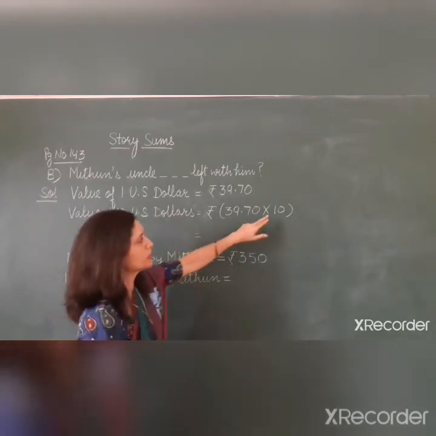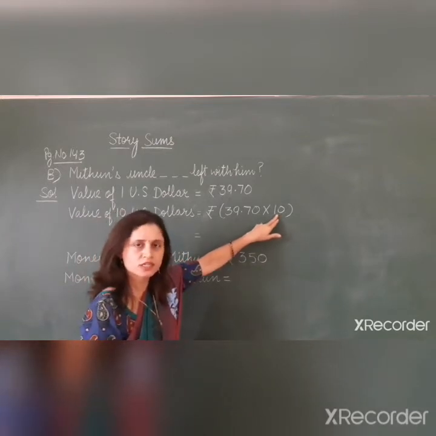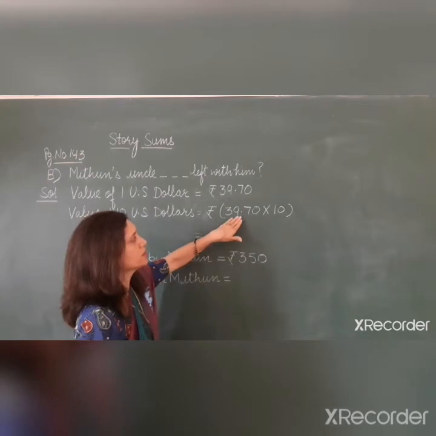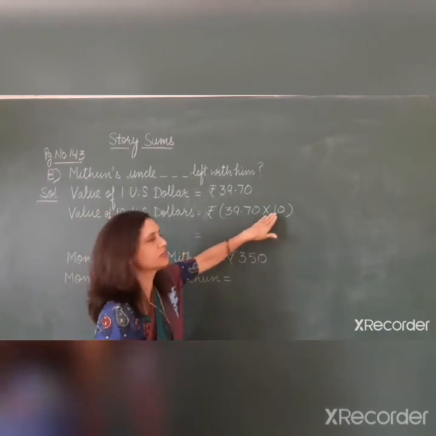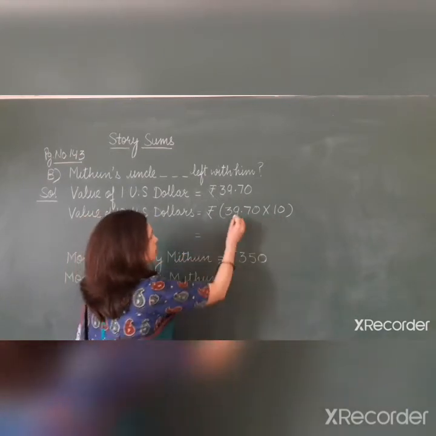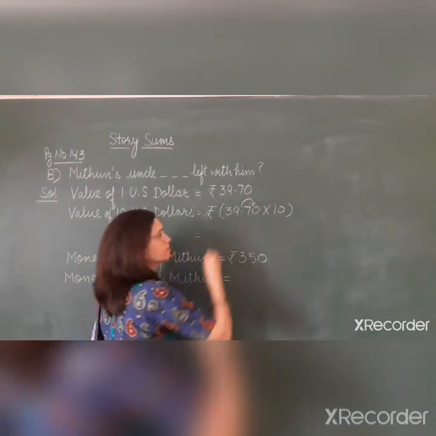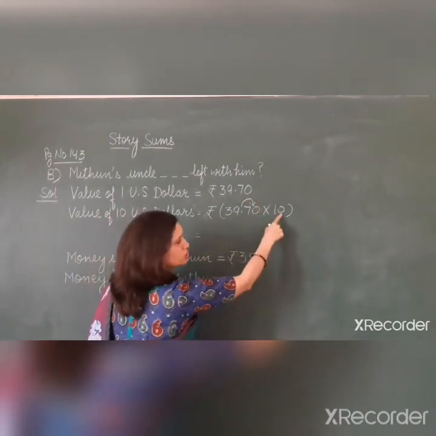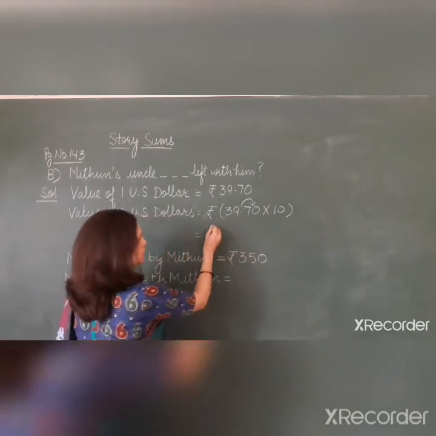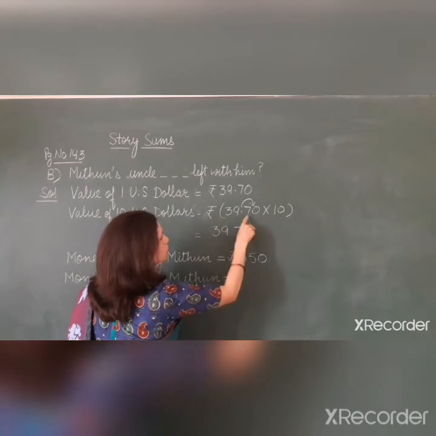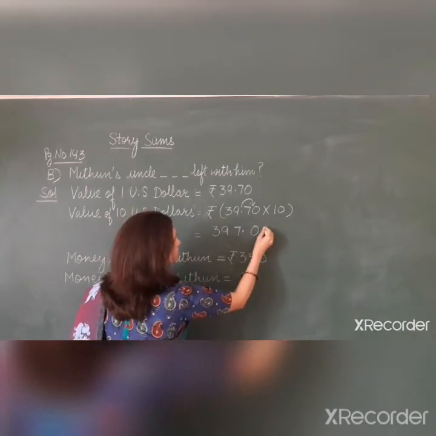Here in the multiplier, 1 0 is given. So when we multiply 39 rupees 70 paise by 10, we shift the decimal point to the right by 1 place, because there is only 1 zero in the multiplier. So we will put the decimal point right after digit 7.